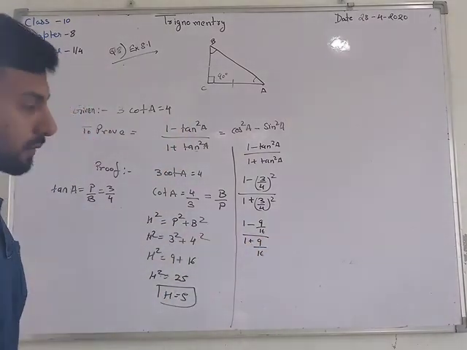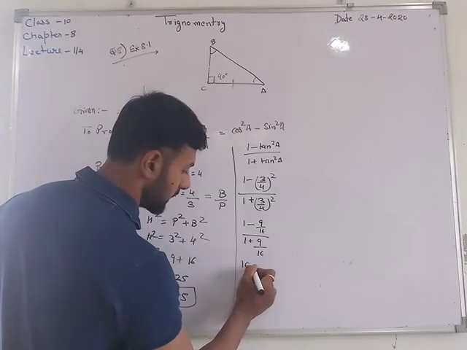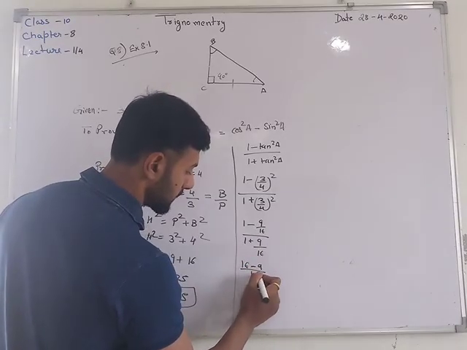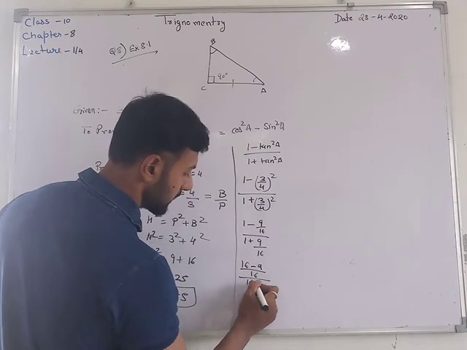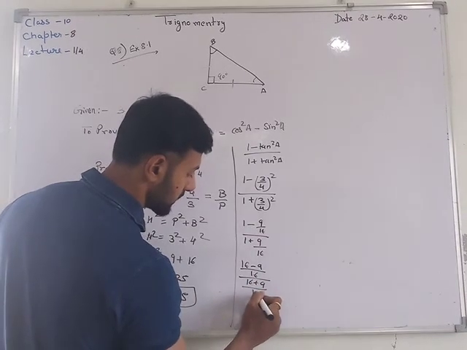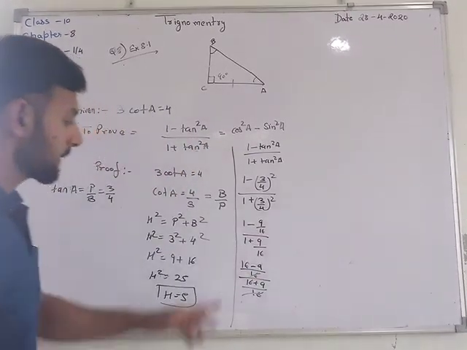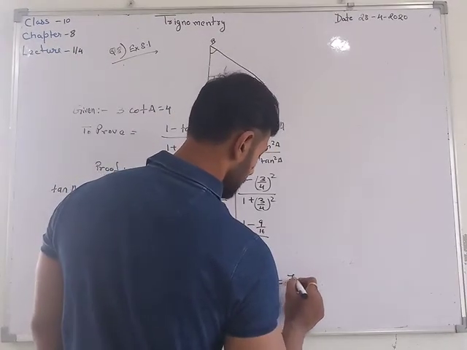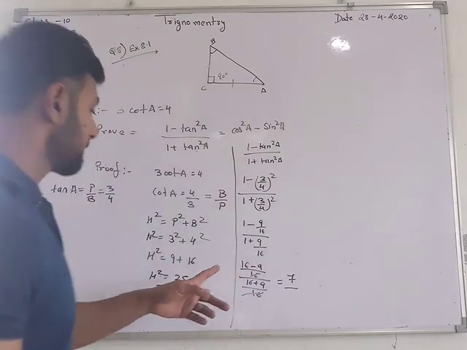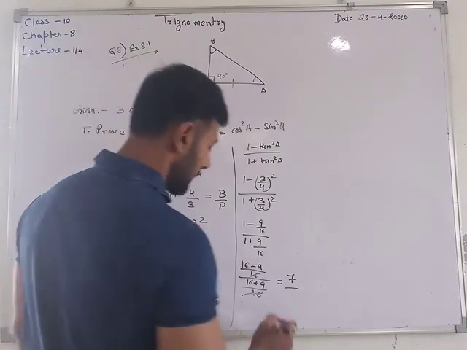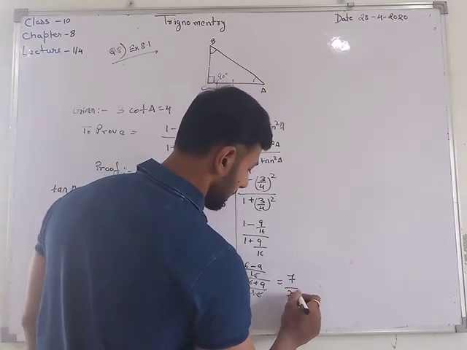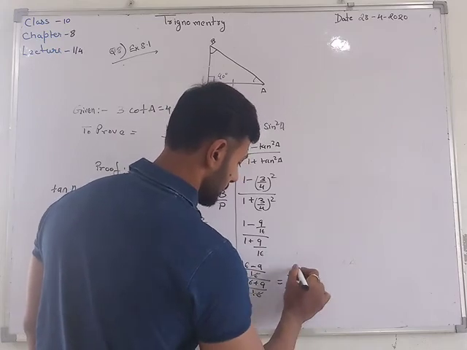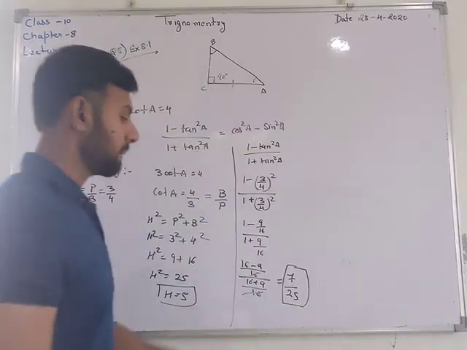Cross multiplying and solving, 16 minus 9 upon 16, 16 plus 9 upon 16. This 16 will get cancelled out with this. 16 minus 9 will be 7 and 16 plus 9 will be 25. So the ratio is 7 by 25.